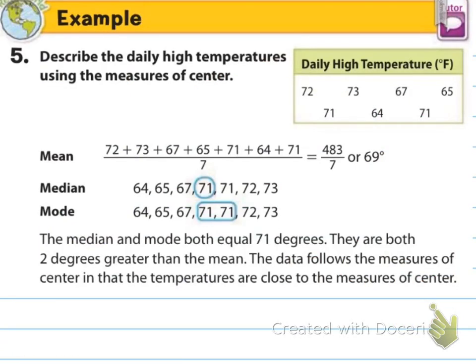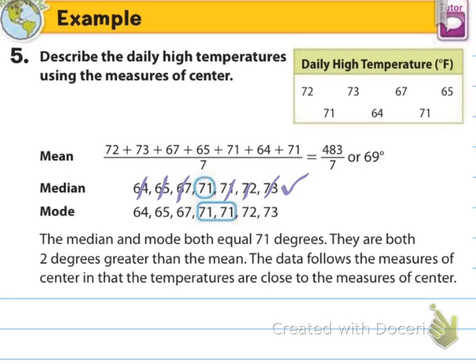All right, example number 5 says, describe the daily high temperatures using the measures of center. So we're going to do mean, median, and mode. And when we put them in order from least to greatest for median, and we do our tag, you're it, tag, you're it, tag, you're it, ding, ding, ding, ding, we get 71 as our median.